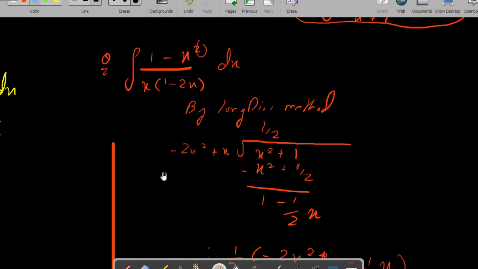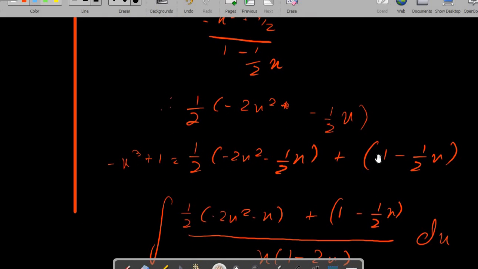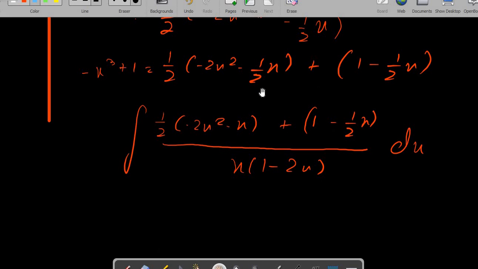So we went through the long division method, and we found this. After finding this, we multiplied the divisor and the quotient plus the remainder, and then we substituted into the form of the equation of the question.